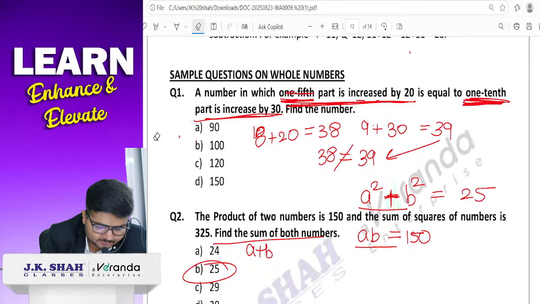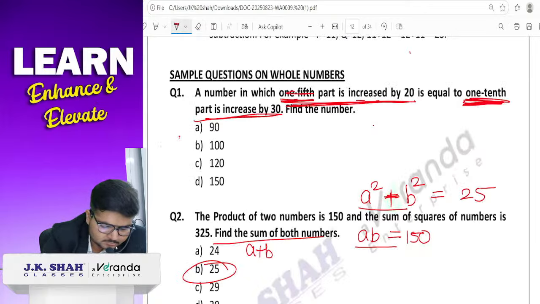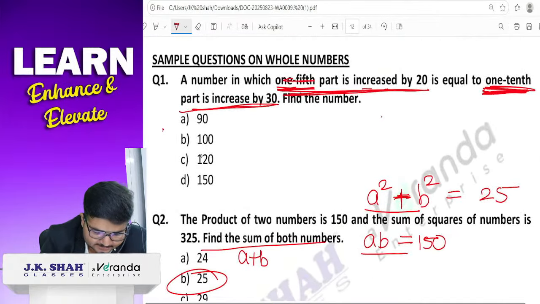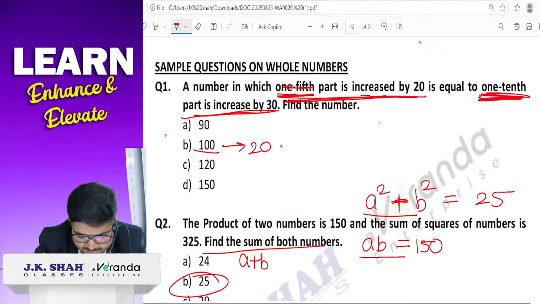Now the same thing we have to apply on 100 also. Let us take this 100. I will find 1/5 part. What is 1/5 part? It is 20. Now increase it by 20. Answer is 40. Now take the 1/10 part. What is 1/10 part of 100?